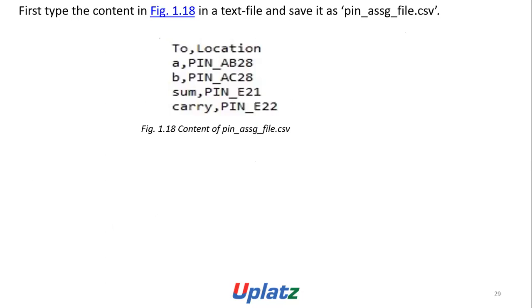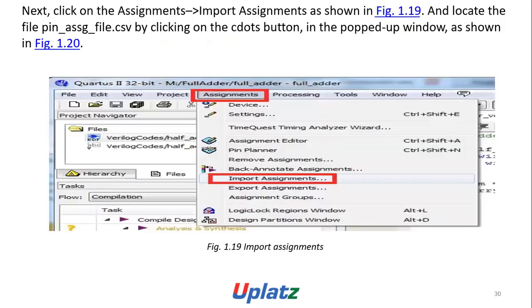First, type the content in figure 1.1 in a text file and save it as pin_assign_file.csv: A, PIN_AB28; B, PIN_AC28; sum, PIN_E21; carry, PIN_E22.